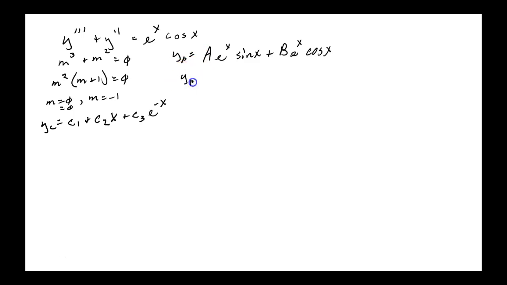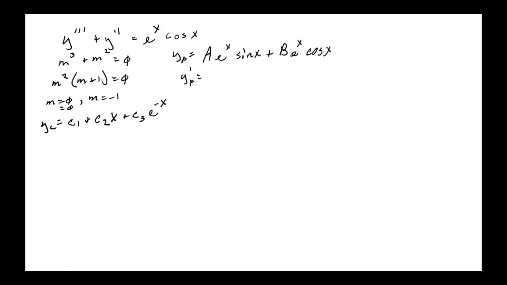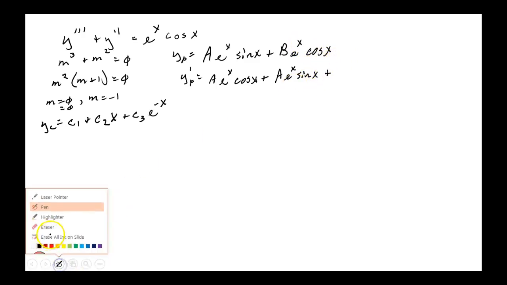Yeah, y sub p prime would be a e to the x cosine x plus a e to the x sine x. That's the first term.